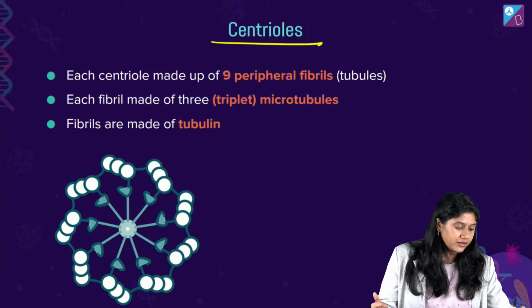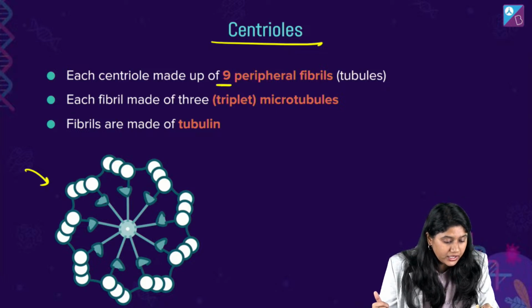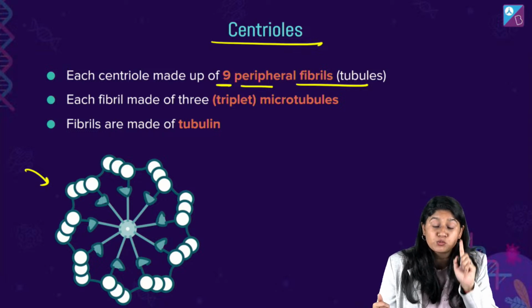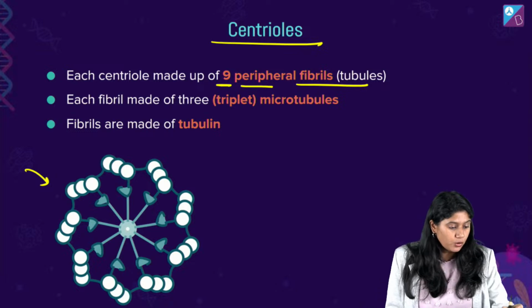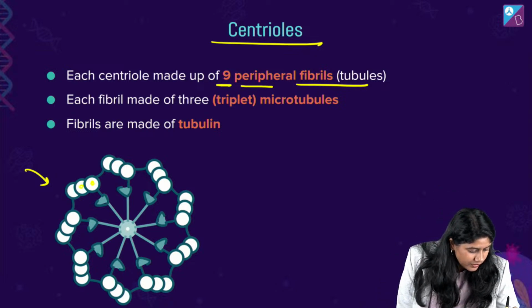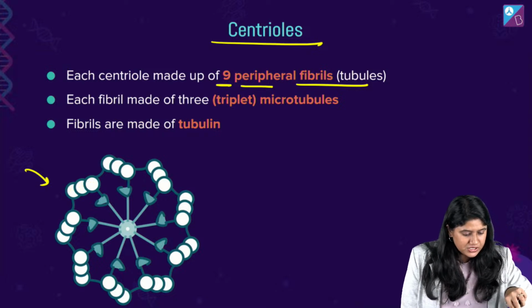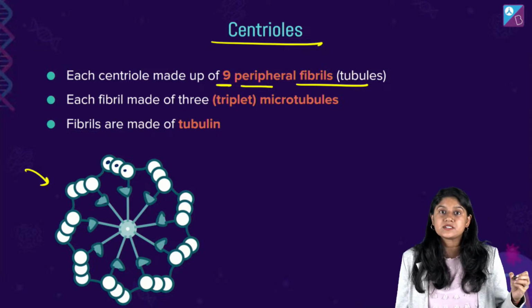The centriole over here, can we see it, right? The centriole has 9 peripheral fibrils. Basically here, what is it? Tubules. Tubulin, do you remember? All of you, I am sure you remember that. We just studied it. So these triplets that we see over here, let me change the pen color. The triplets, 1, 2, 3, all of these.